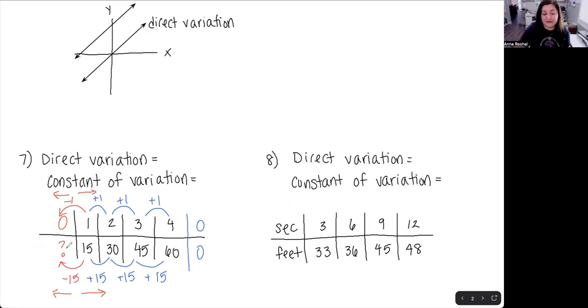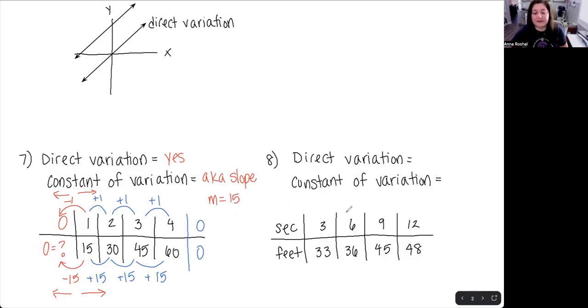So 15 minus 15 is 0. So in fact, I do have this 0, 0 point. Yes, I do have a direct variation. And my constant of variation is just 15/1 because that's my slope. So this is also known as slope, right? And so my slope or my n is just 15 or 15/1.